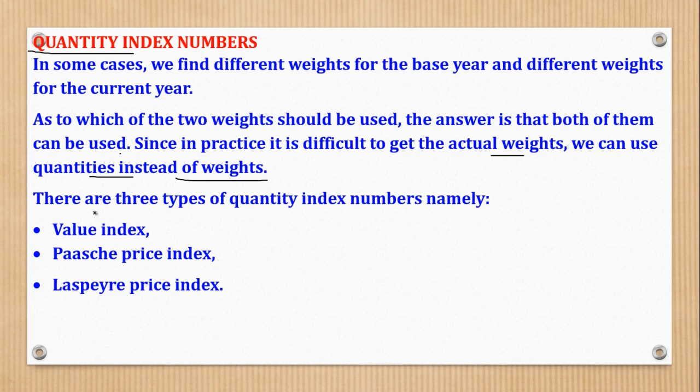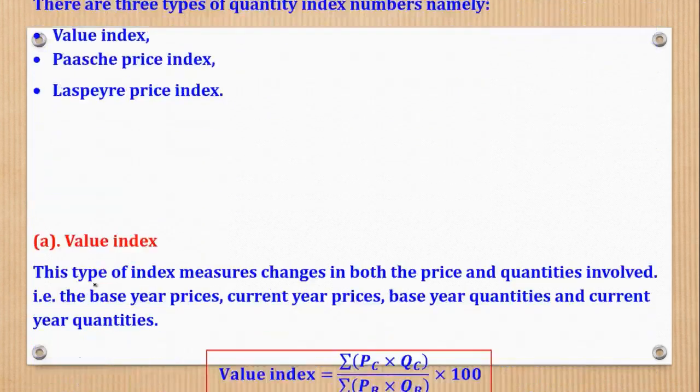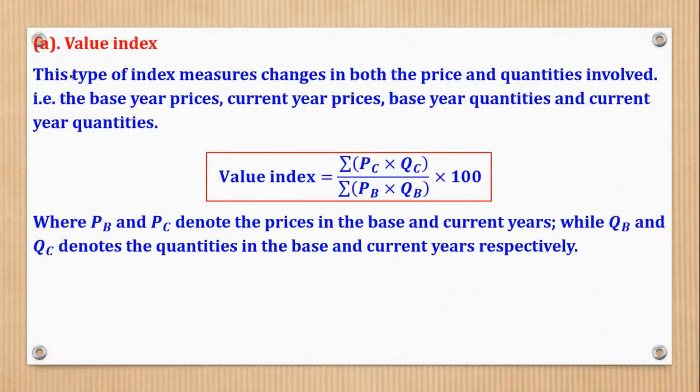So in this case, we no longer deal with weights, we deal with quantities. And this quantity index number has three parts. One is called value index, another one is called Paasche price index, and another one is called Laspeyres price index. We are going to first look at the formula for all the three, then we can go through the questions. So one is the value index.